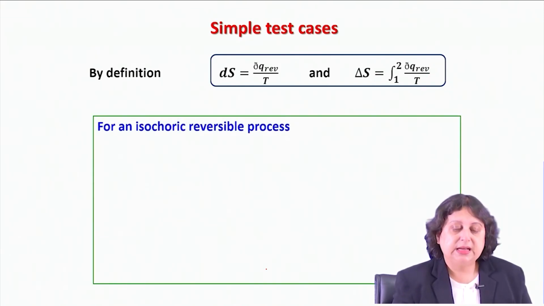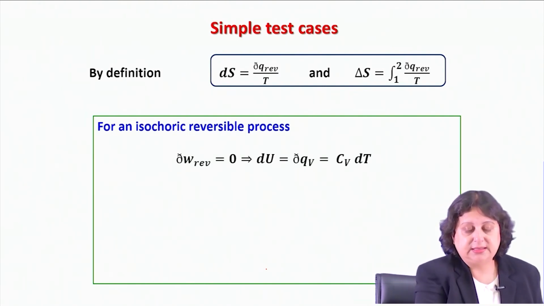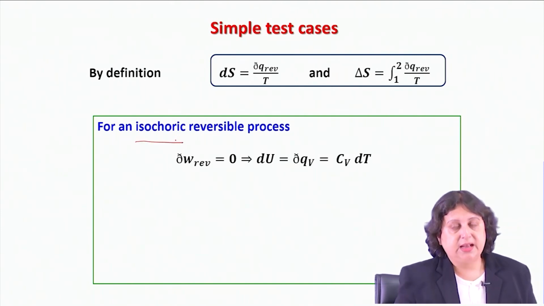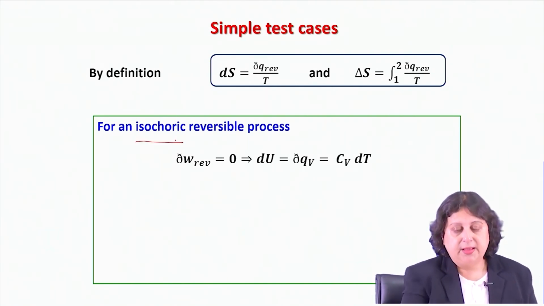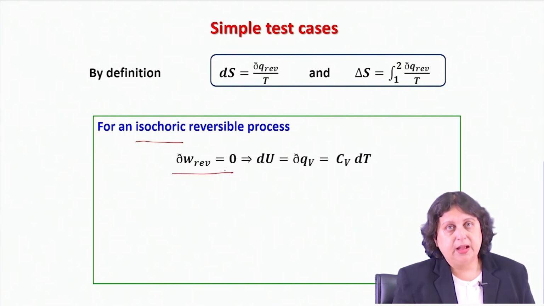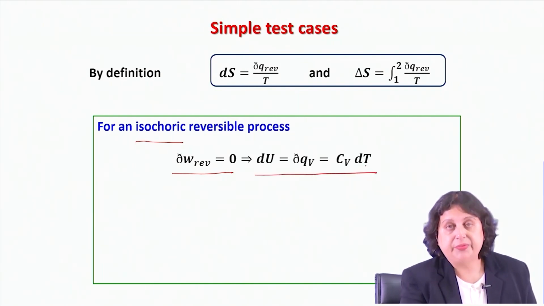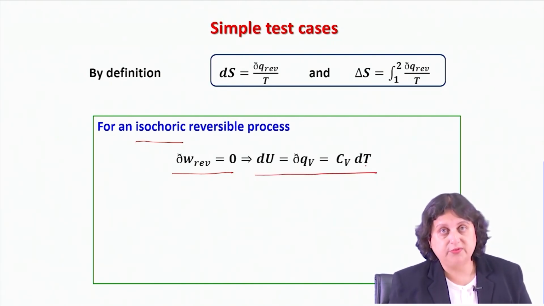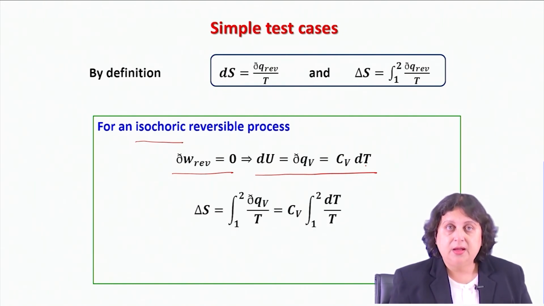If I look at an isochoric reversible process, since we are considering pressure-volume work only, dW reversible is going to be equal to 0. And now dU is dQv, which in general for 1 mole of the substance is Cv dT.